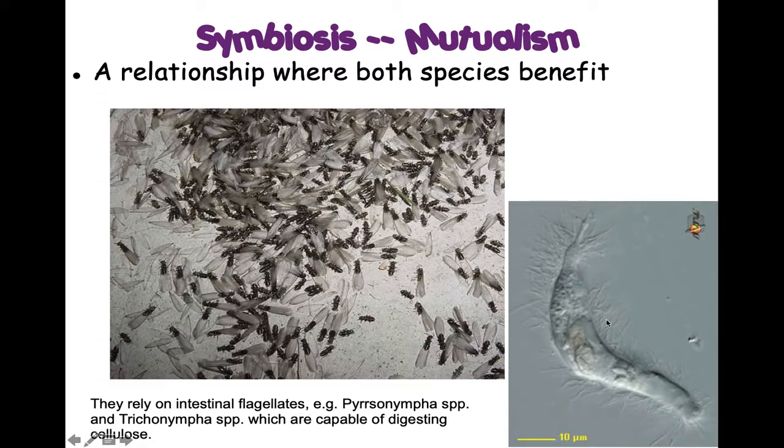And these protista help the termites digest the cellulose or the parts of the wood. And so they both benefit. The protista gets a nice, safe place to live inside the termite, whereas the termites get help digesting food or wood that other creatures cannot digest. Okay.